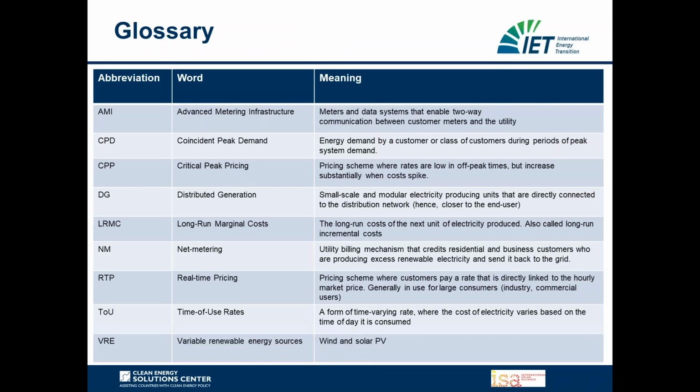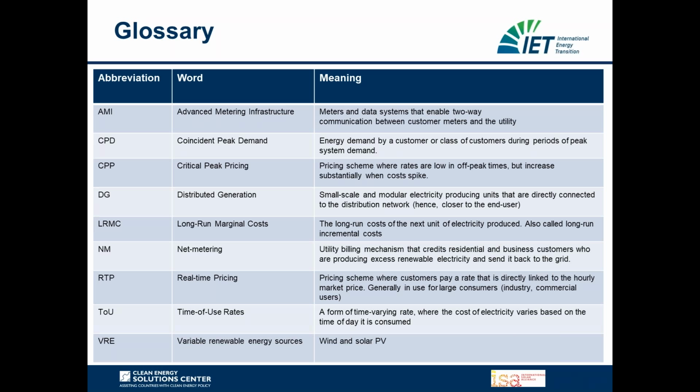Before we get started, I should say that we've been trying to use as few acronyms as possible for this webinar. However, when you read literature on rate design, you will stumble upon a large number of acronyms and abbreviations, and here's just a little list of them.